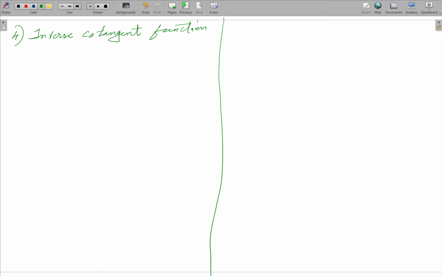Now, fourth one: inverse cotangent function.